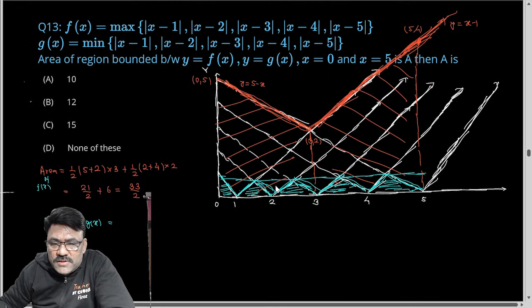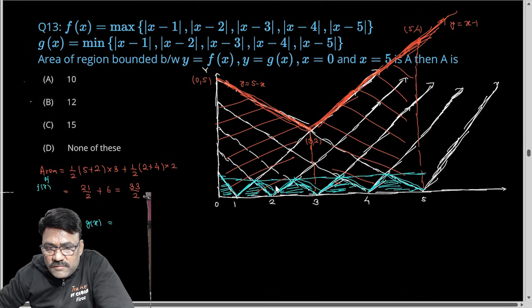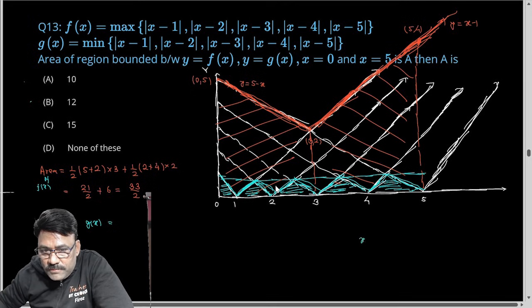Actually, if you find the intersection of this line, y is equal to x minus 1, and this downward line, y is equal to 2 minus x.